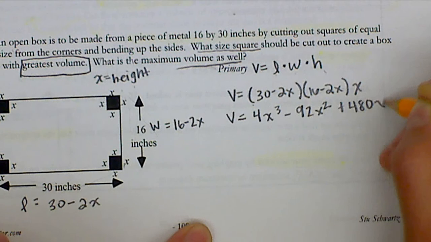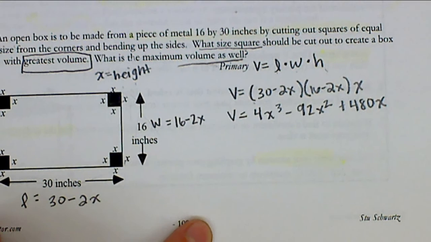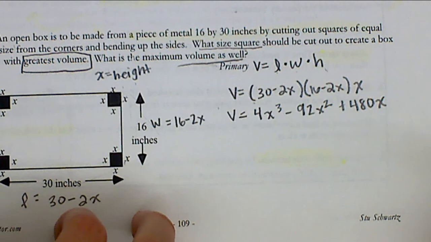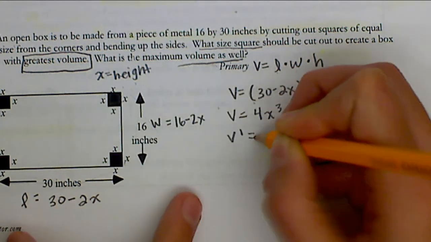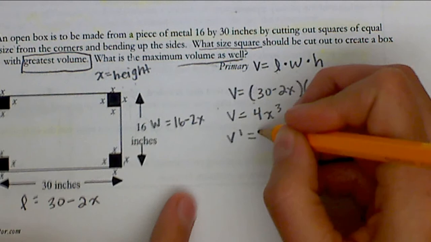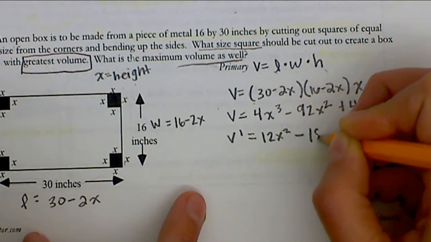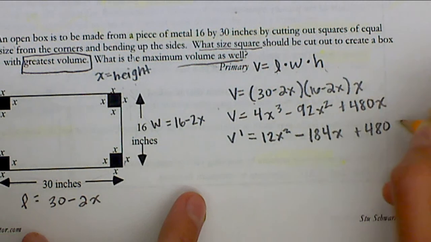I did it for you. Okay. I have my equation. Now we do calculus. So I'm going to take the derivative and set it equal to 0. The derivative is 12x squared minus 184x plus 480 equals 0.